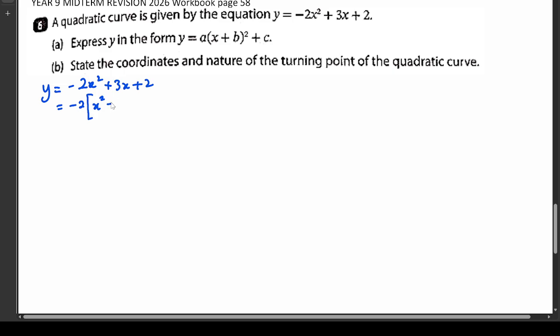So this is -3 over 2x. Close the bracket. Plus 2. Right? Again, if you do not know why it is -3 over 2x, you can do your little working at the side, right? Make sure you plug back the answer.